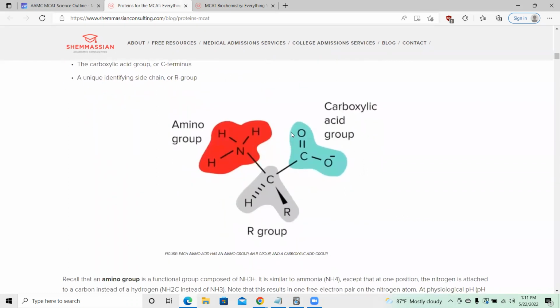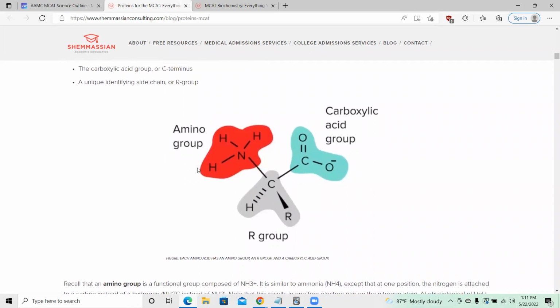So the structure of an amino acid looks like this. There's an amino group, there's a carboxylic acid group, and then there's two groups here, a hydrogen and an R group. Now the R means that it can be any kind of group. There's a variety of different groups, and whatever the R group is informs what kind of amino acid it is, what kind of properties it has.